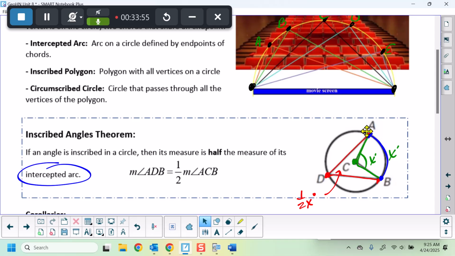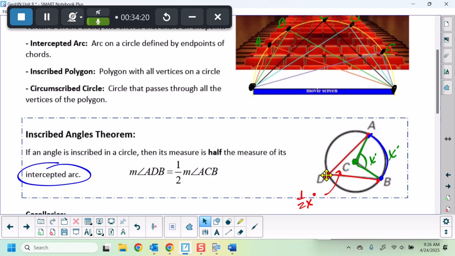Do you see here, here's 2 chords, chord AD, chord BD. Notice the vertex of that angle is sitting on the circle. That's an inscribed angle. What's in green is the central angle. We know that. What's in red is an inscribed angle.